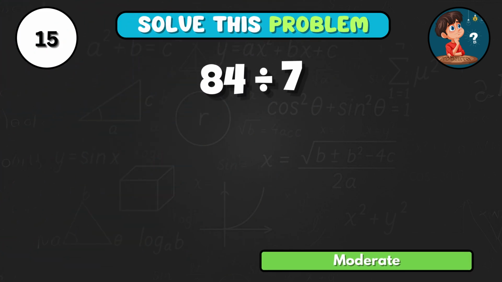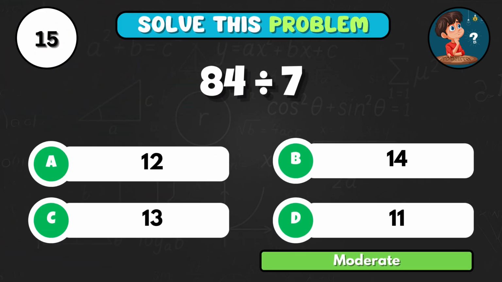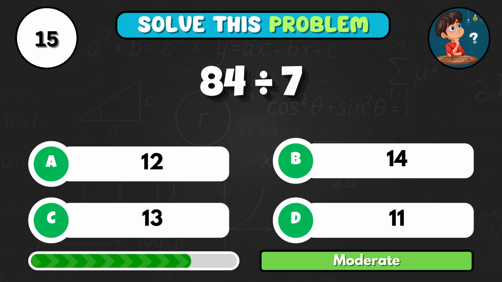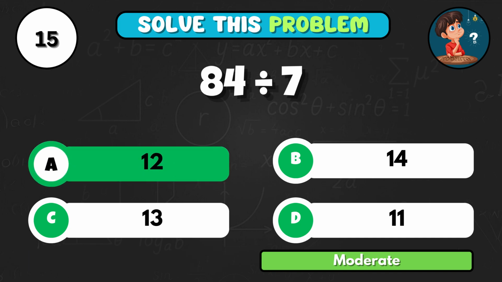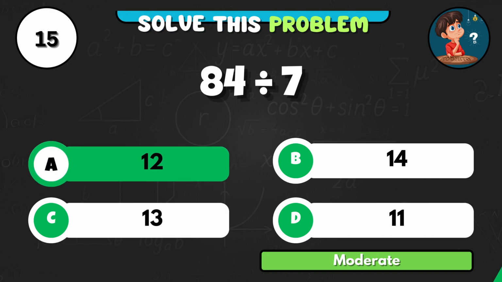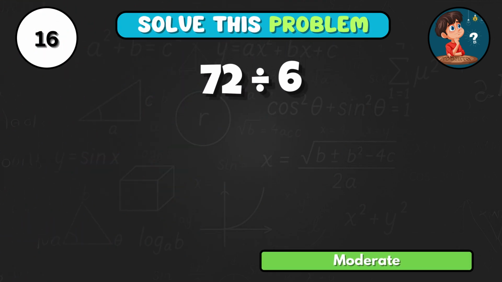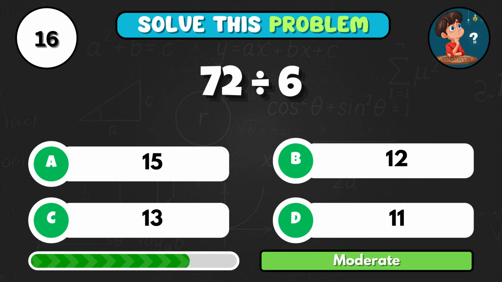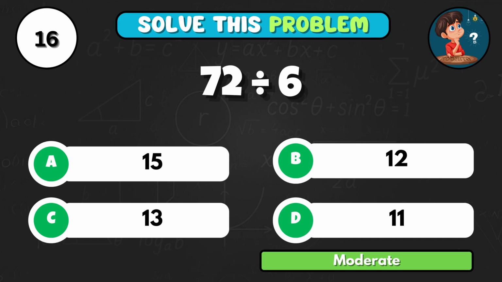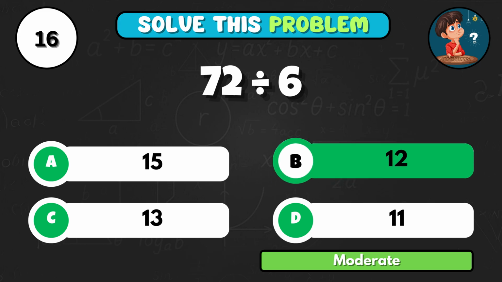What do you get when 84 is divided by 7? That's A, 12. How much is 72 divided by 6? It equals B, 12.